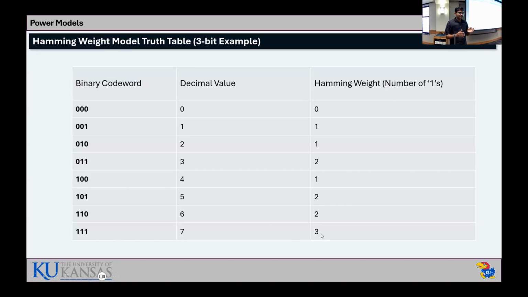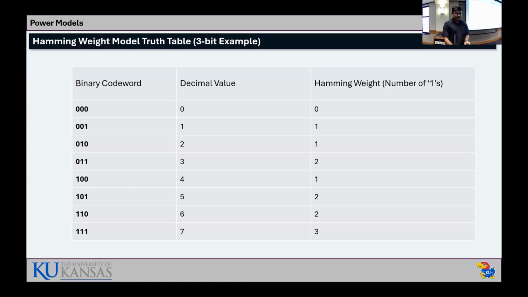Suppose you have an 8-bit microcontroller. It can handle 8 bits of data, that is 0 to 255. If you have this table with you and you get the power trace, and you want to guess the input, you analyze the power trace and convert it to the Hamming weight model.